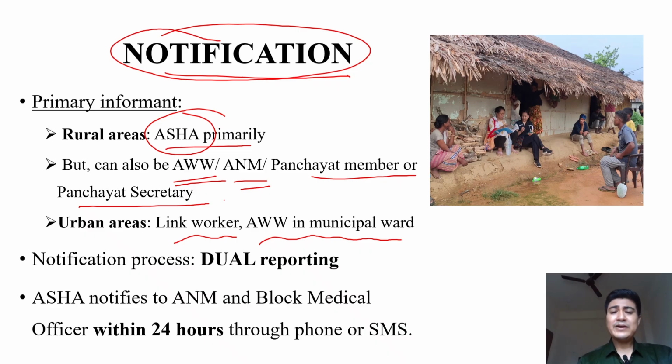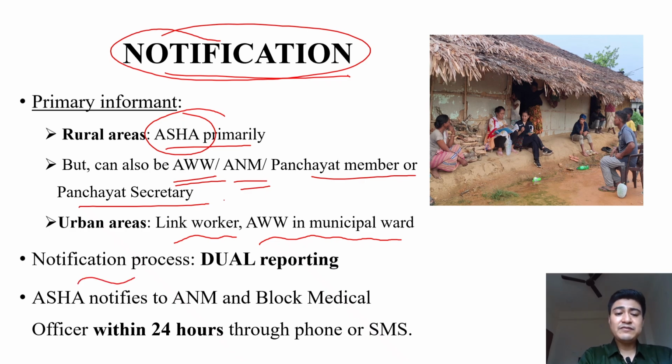One thing to remember is that in maternal death review, the primary informant can be ASHA, Anganwadi worker, or ANM, and sometimes local bodies working as NGOs and panchayat members are encouraged to notify. But here, in case of community-based child death review, it is primarily the ASHAs who are responsible as the primary informant.